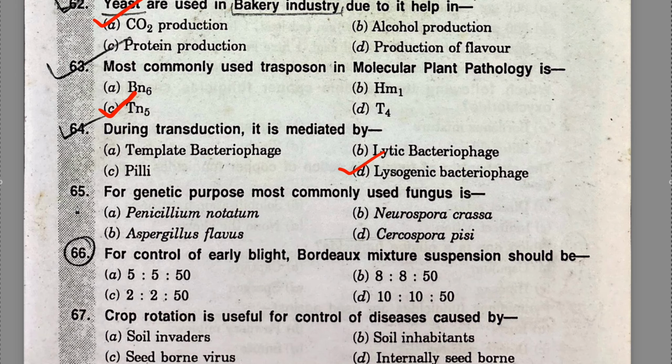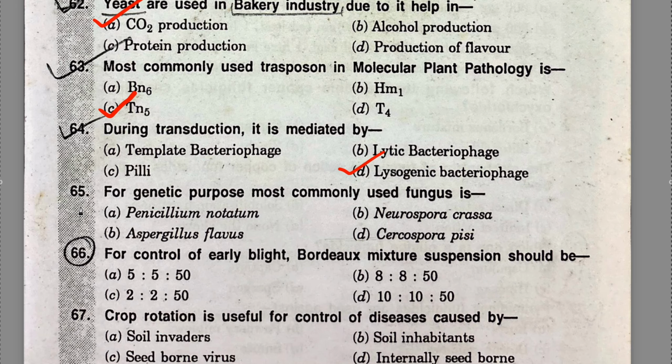Moving forward to question 65. For genetic purposes, the most commonly used fungus is Penicillium notatum, Neurospora crassa, Aspergillus flavus, or Cercospora piscis. Answer is Neurospora. For genetic purposes, we use Neurospora. Question 66.